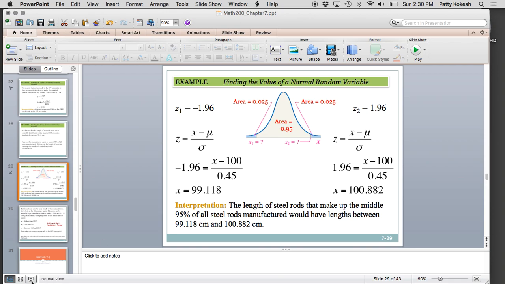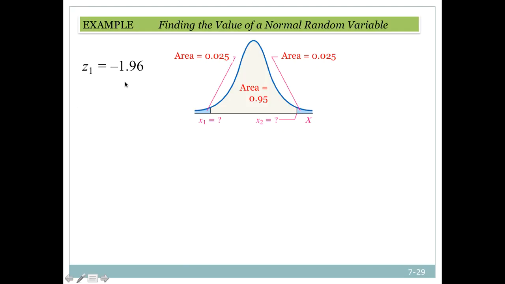So I know that z equals negative 1.96 corresponds with an area of 0.025 to the left. Now, the other thing to keep in mind is that these distributions, when we're talking about normal distribution, are symmetric. So if this is your first z value, your other z value is actually just going to be the positive version of this one. So it's going to be a positive 1.96.